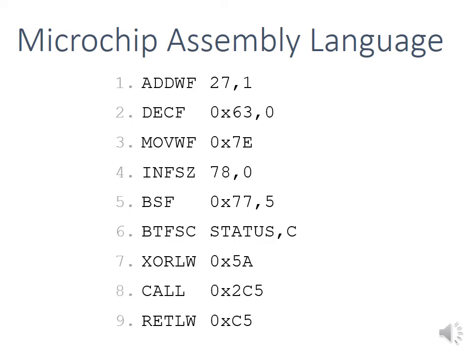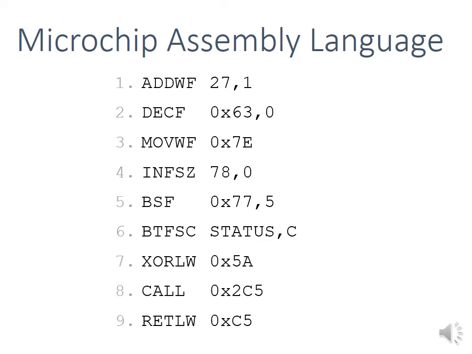Instruction number 5, BSF 0x77,5, means set bit 5 on the file register at address hexadecimal 77. So the value after the comma is the bit position. The value before the comma is the address of the file register.